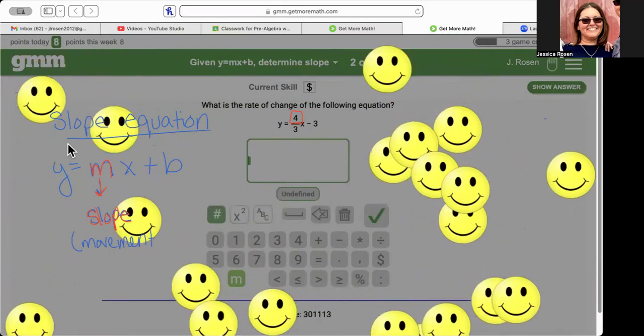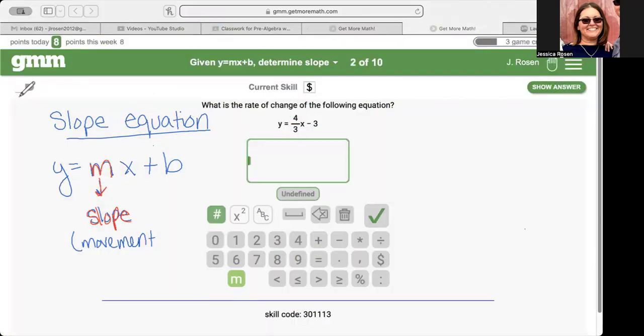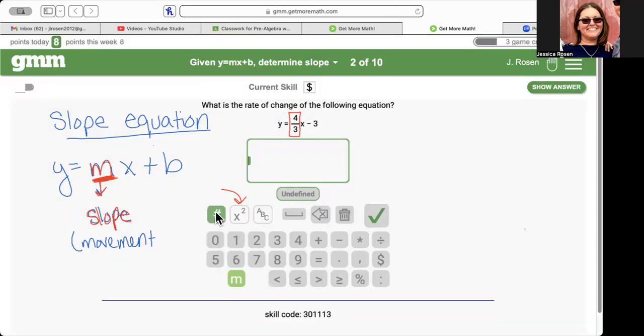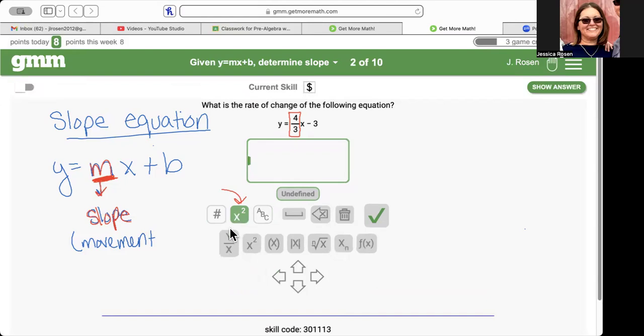In this case, it can be a fraction as well. It's just the number in front of the x, the fraction in front of the x. To type in your fraction, you're going to have to hit this button right here. Oh no, not that one. Where is it? Oh yeah, it is that button.